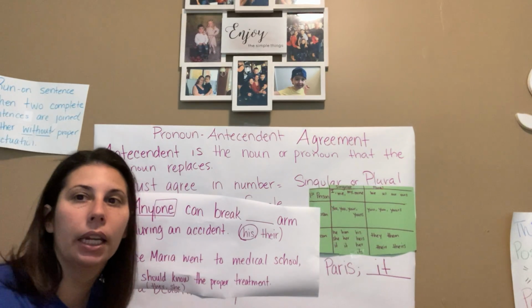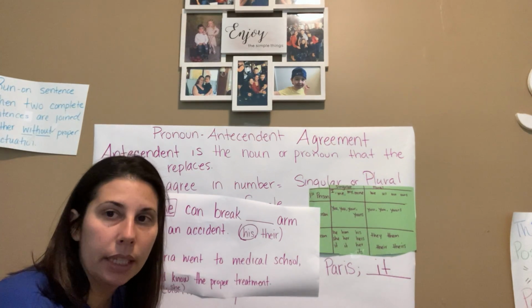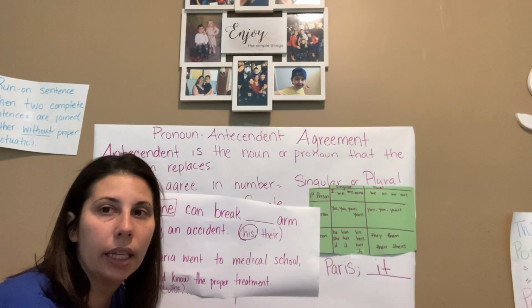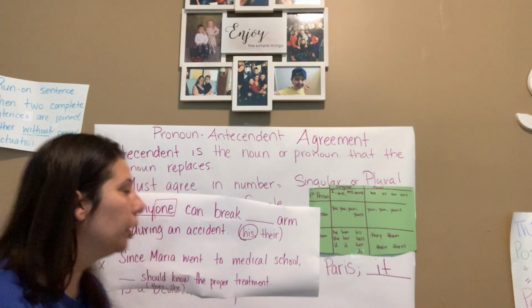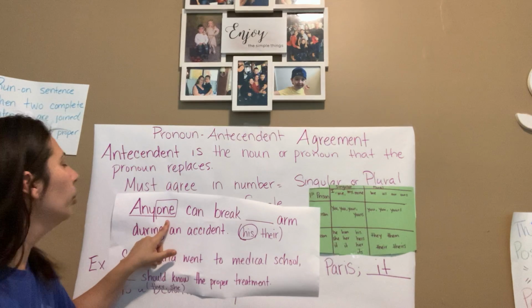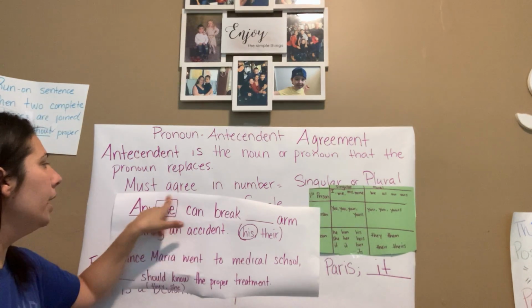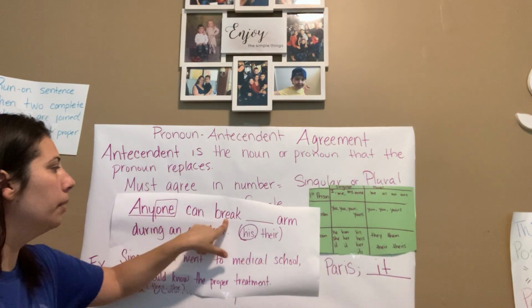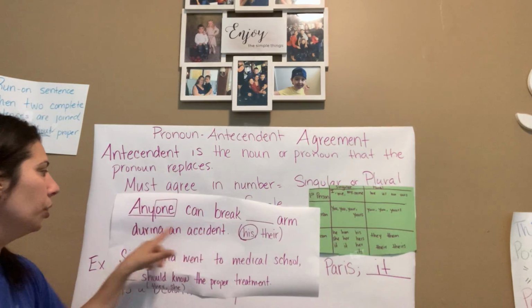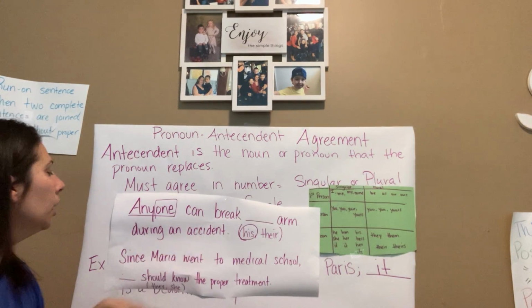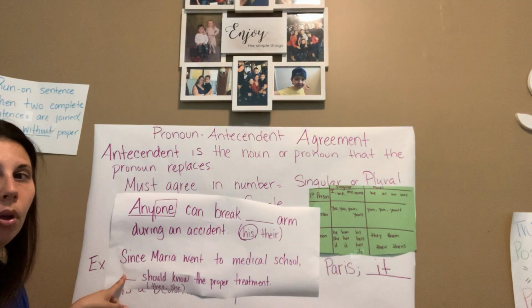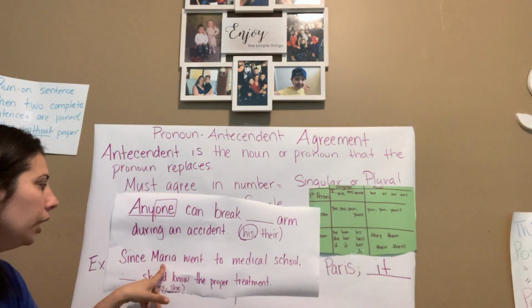Now that might not come easily to you to do because it's not explicitly telling us that it's a boy, but you need to look at your word here, and it says any one person can break his arm during an accident. The second example does give us our gender here.